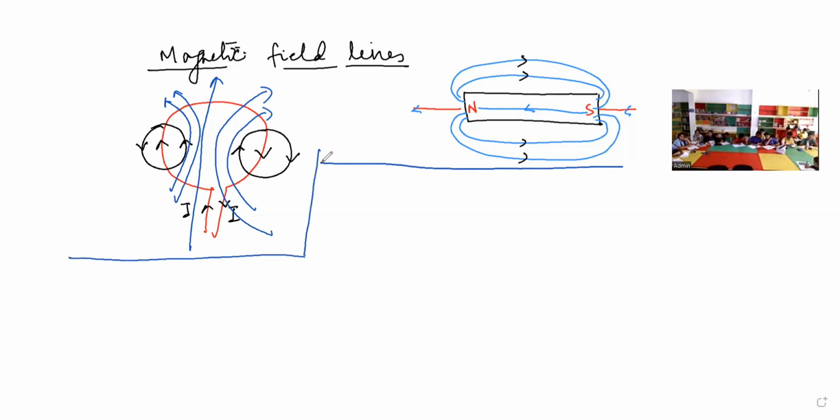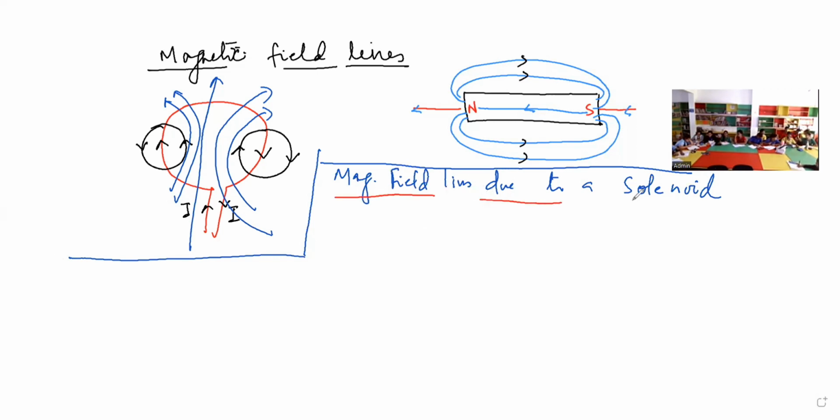And then the third one is magnetic field lines due to a solenoid. Do you know what a solenoid is? Anyone?